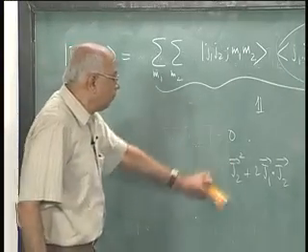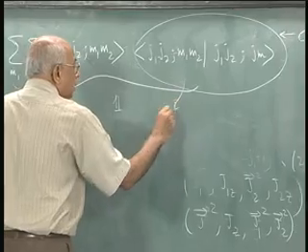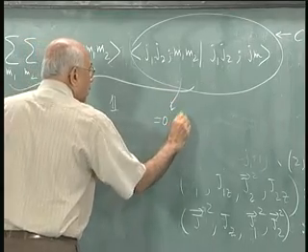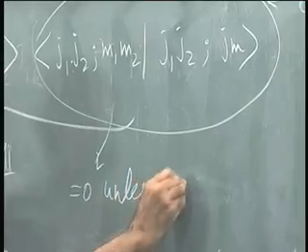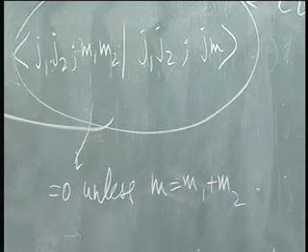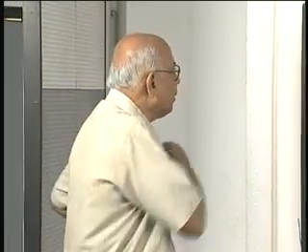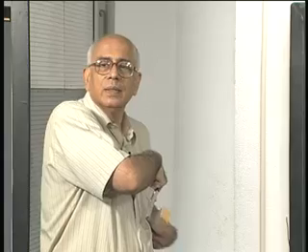My first claim is that this coefficient is equal to 0 unless m equals m1 plus m2. I claim this. And now you will see the power of this Dirac notation, because I prove that almost effortlessly in the following way.